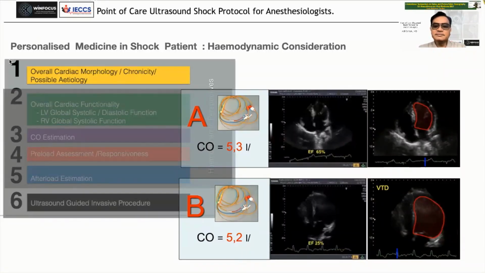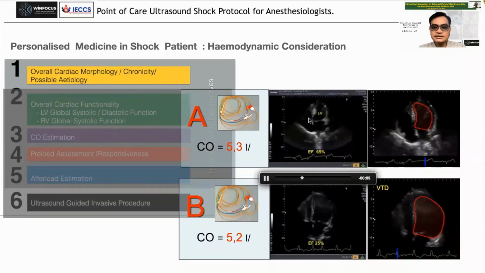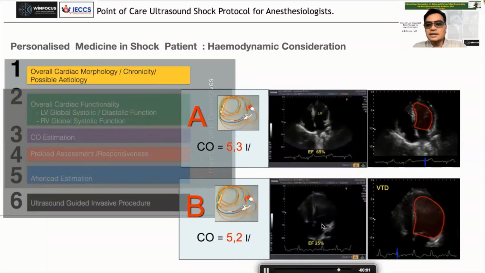You can see in patient A, if you give fluid, nothing much is going to happen. But if you give excess fluid to patient B, this patient will go into acute cardiogenic pulmonary edema. Then you can see there is a limitation in terms of cardiac reserve. This patient won't be able to tolerate excess fluid.